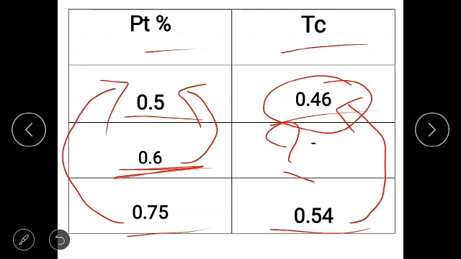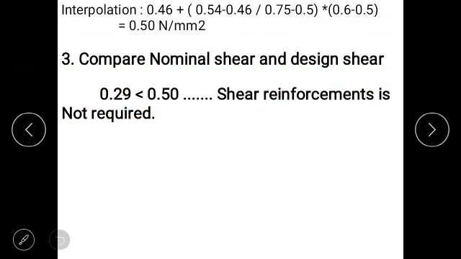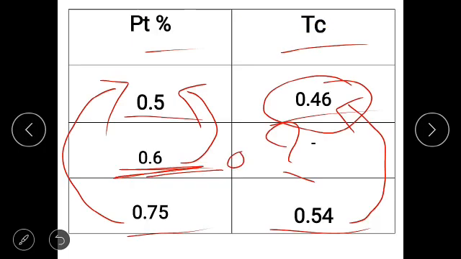So the interpolation value is 0.50. This value lies between these two, so it is correct.